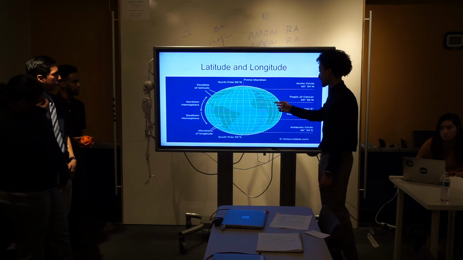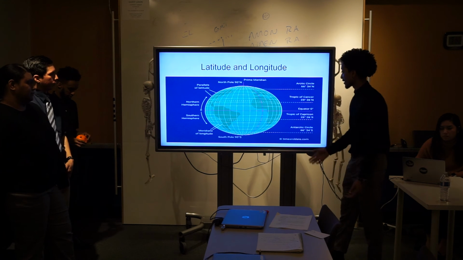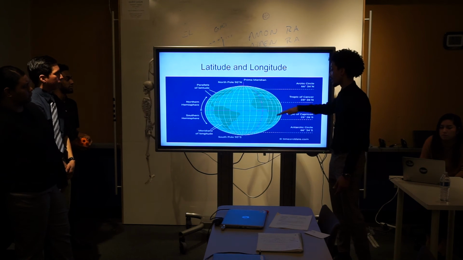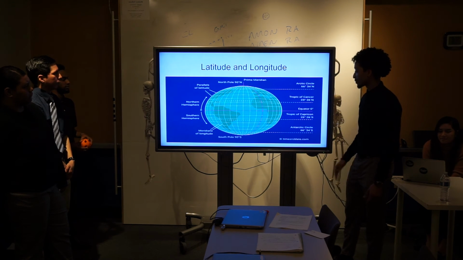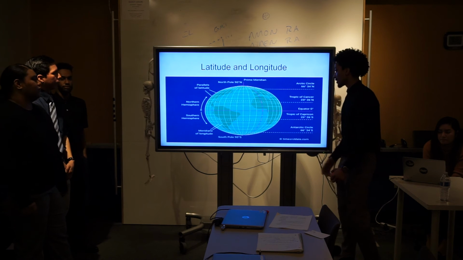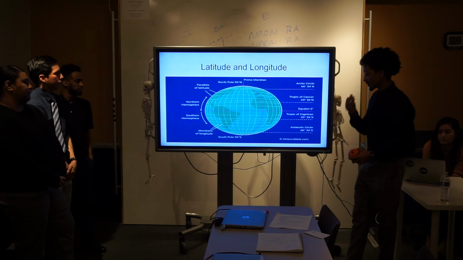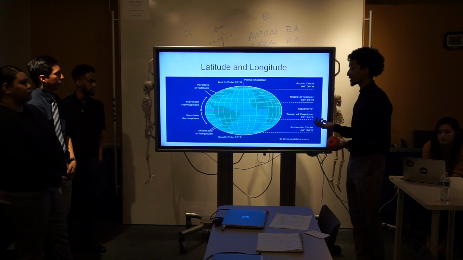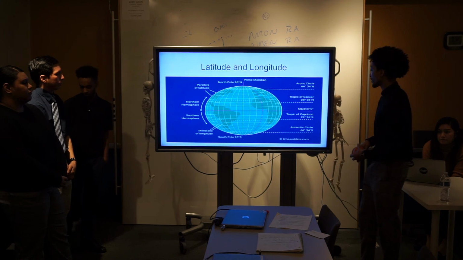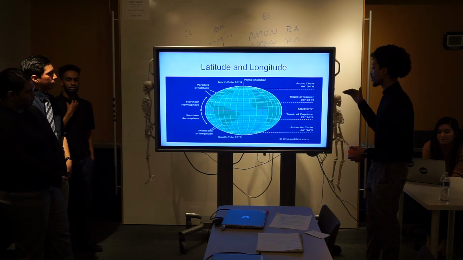The distance between these two lines is the same, about 69 miles apart, and it's measured in degrees. One degree is divided into smaller units called minutes, and a minute is also divided into seconds. The equator lies at 0 degrees, in between the North Pole and South Pole.